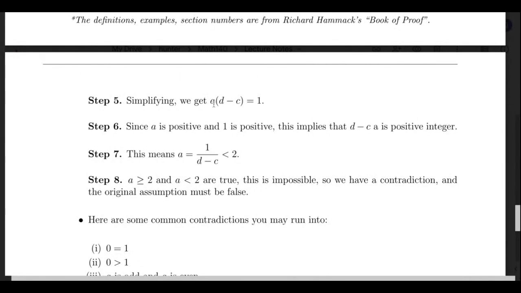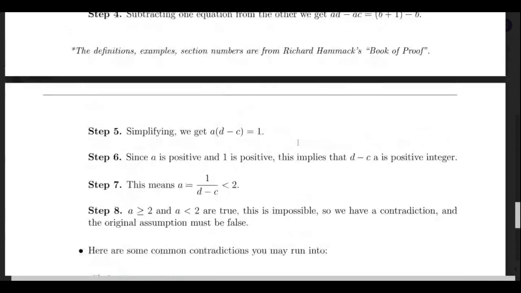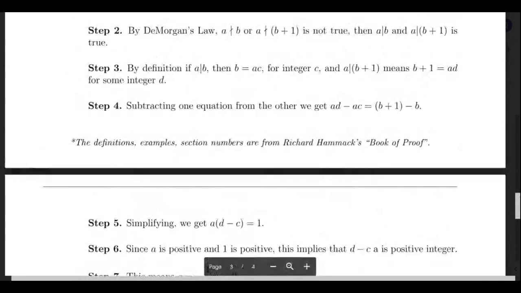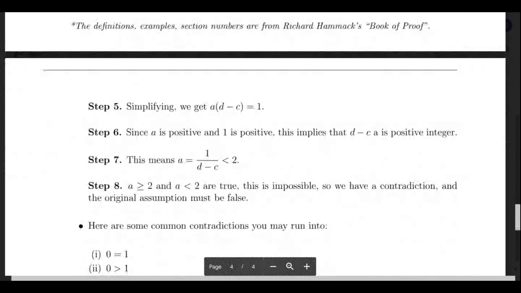So we get A equals 1 divided by D minus C. Why is it less than 2?